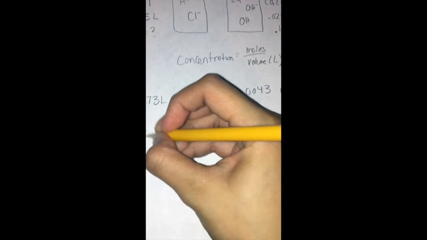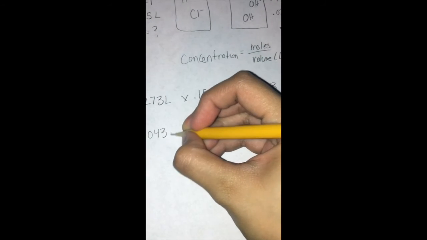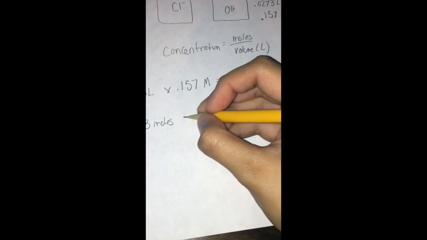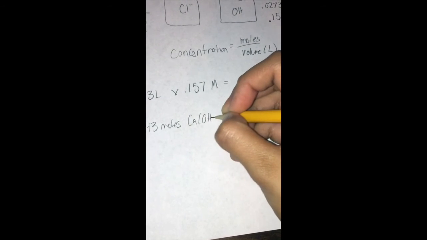Now we convert it into moles of hydrogen chloride. In order to do that, we have to look at the stoichiometry of the balanced equation.